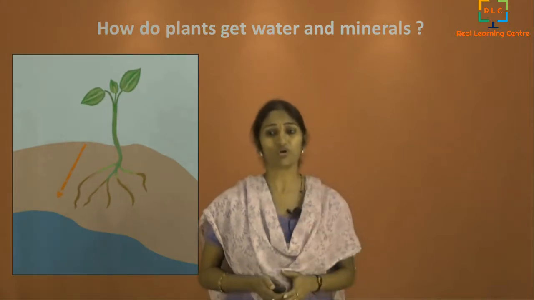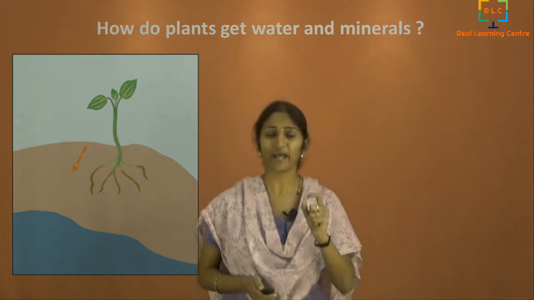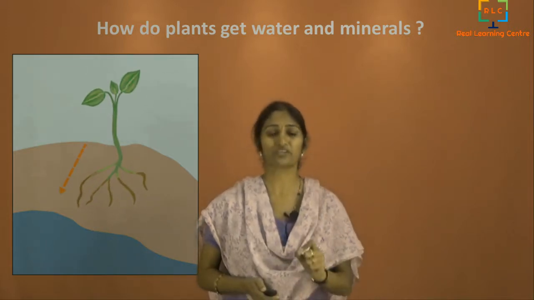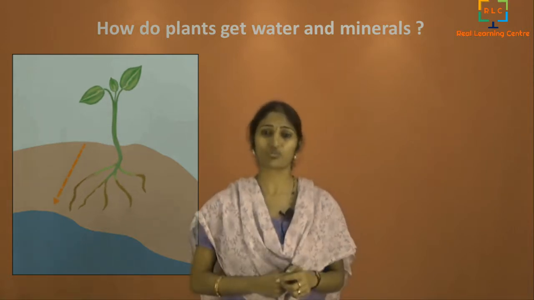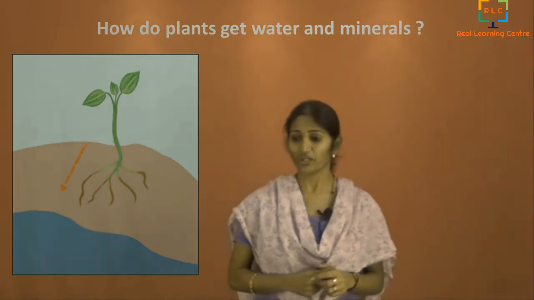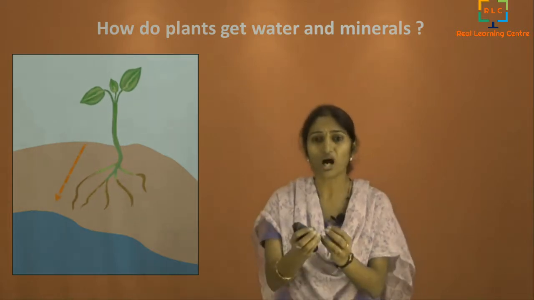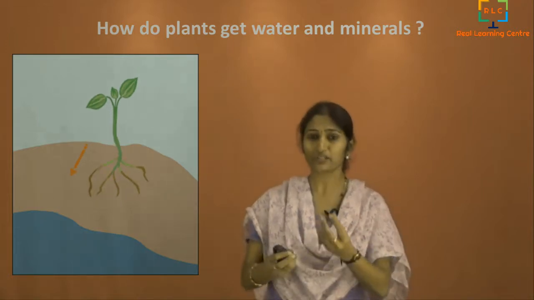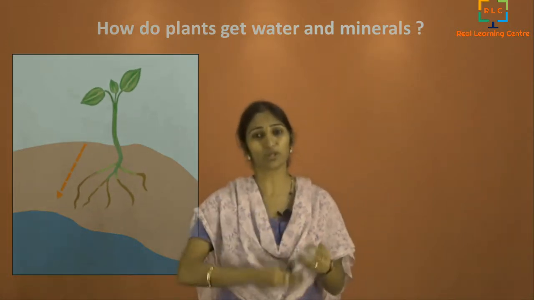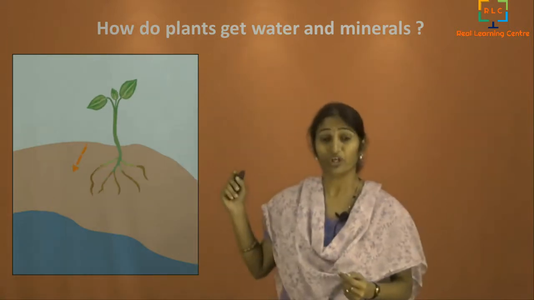The root system of the plant is the most actively involved part which provides water and minerals for the plant. You can see very well how the roots are growing and absorbing water, and how the plant absorbs this water and starts growing.